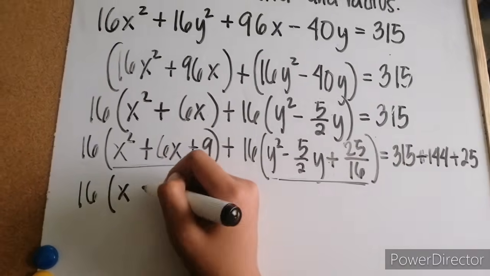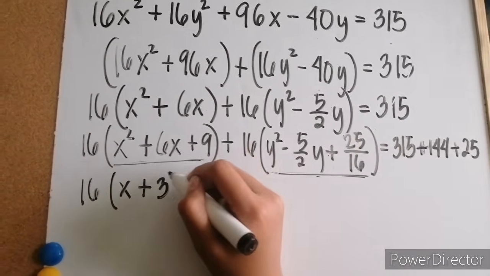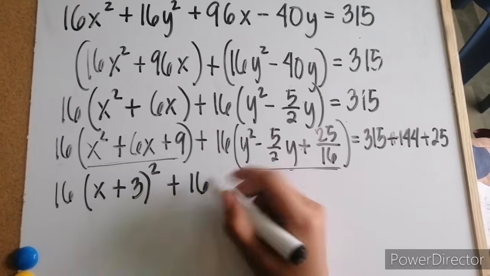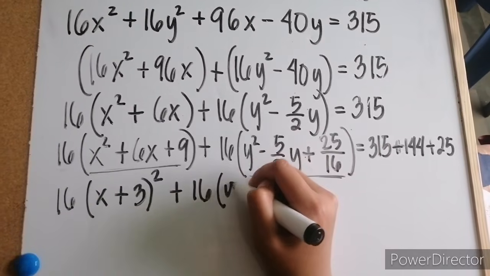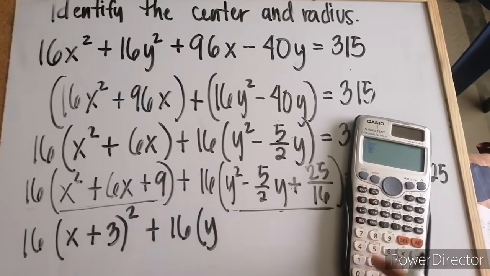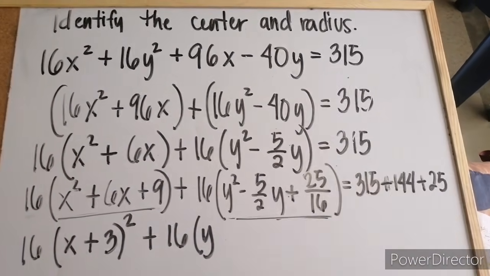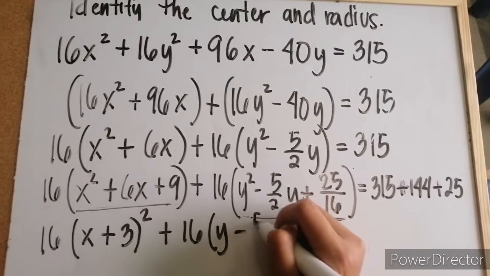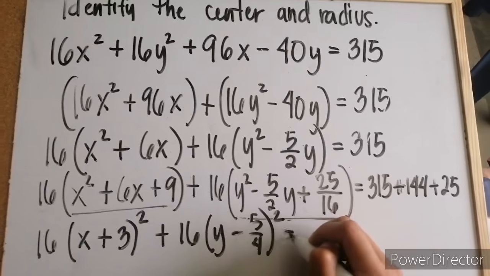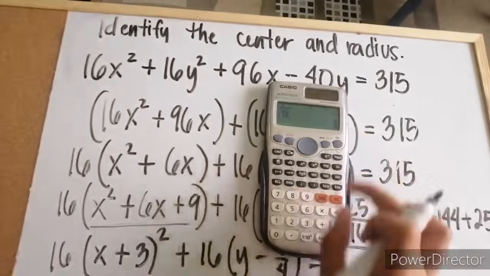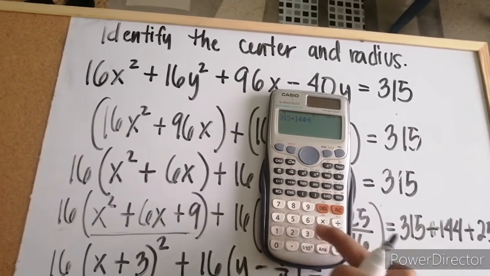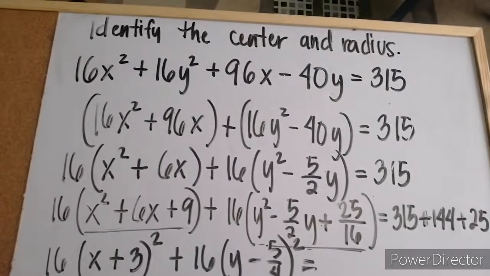We have x plus 3 squared and plus 16 times y minus 5 over 4 squared is equal to, we're almost done, 315 plus 144 plus 25, that is 484.